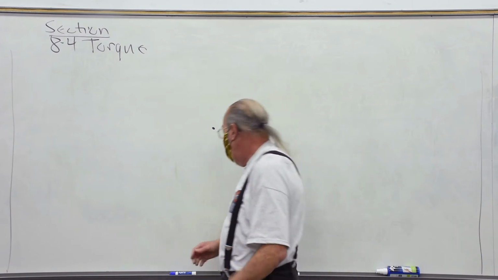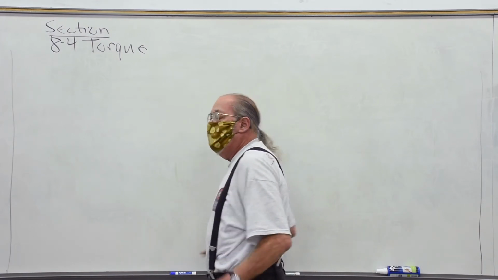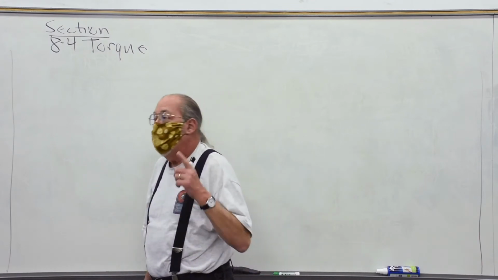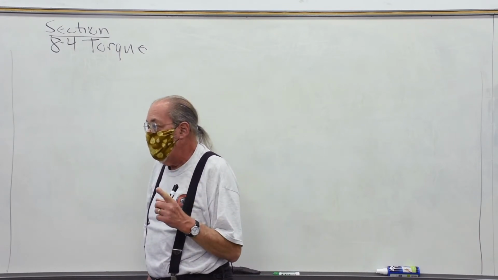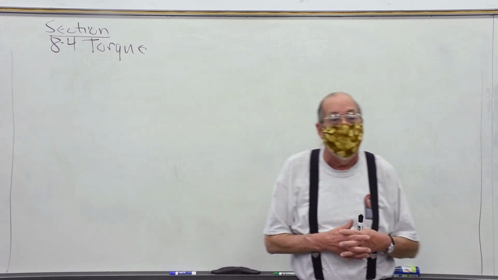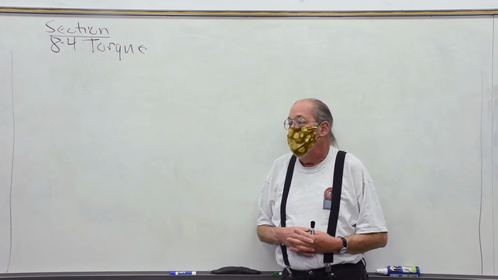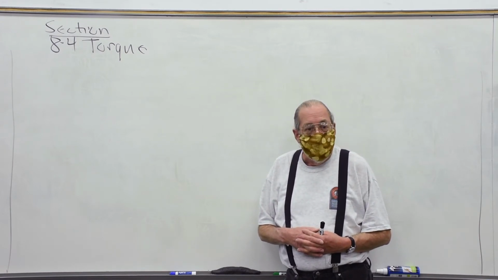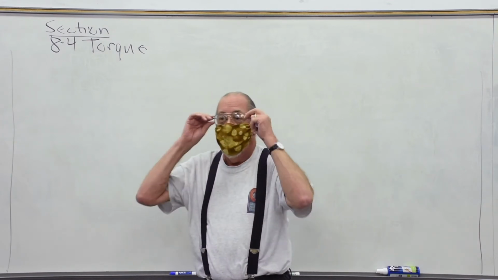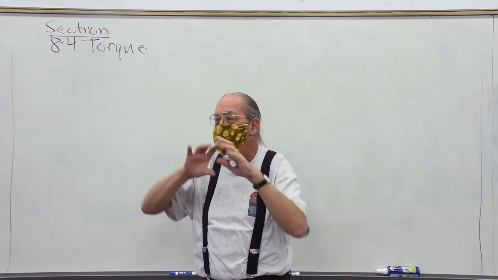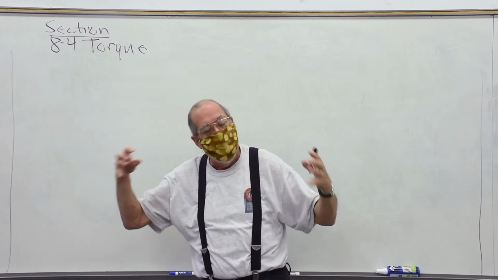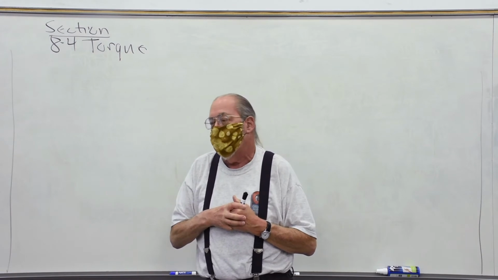What happens with torque is the place where the force is applied makes a difference. We now have to take into account where the force is applied to the object. So our free body diagrams are going to have to expand a little bit to crudely show the shape of the object.